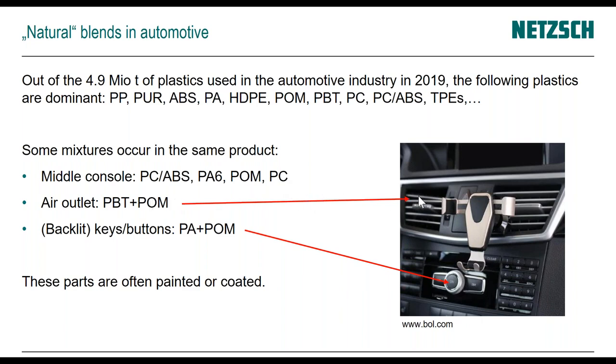Then the air outlet is typically a PBT and POM, and some of the buttons here are nylon and POM. So these parts are very hard, if not impossible, to separate. And then in addition, they're often painted or coated. So with some of these components, if we want to recycle 100%, we really have to look at how we can use these material combinations for other applications.